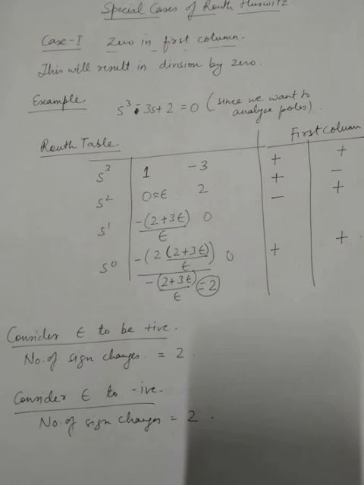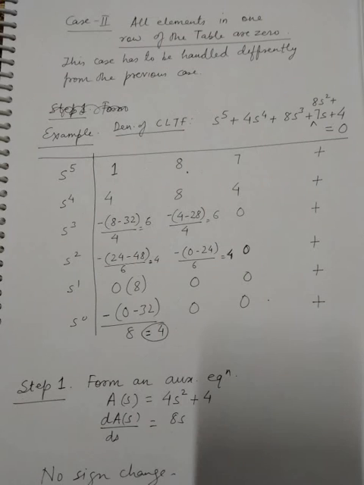Right. So the other case is case 2, and that is when all elements of one row in the table are 0. Now you might be considering that's not a problem because I know how to change the first column 0 to epsilon. I can do it that way, but you should not do it that way.